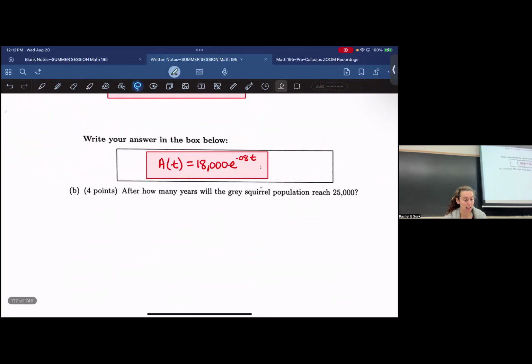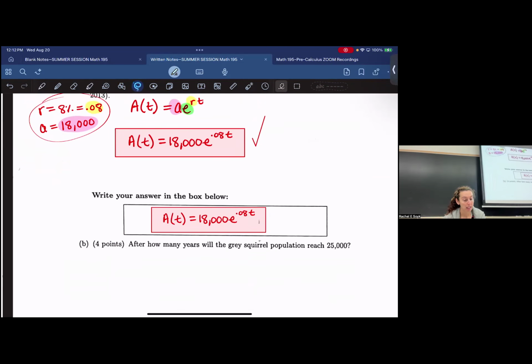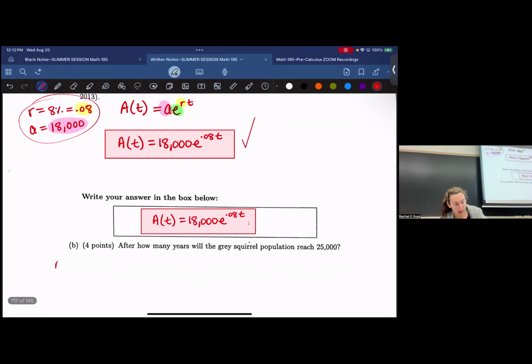Part B is now asking us to figure out after how many years will the gray squirrel population reach 25,000? So our A of t is going to be 25,000 here, and we want to figure out what is our value of t. How many years is it going to take us to increase an additional 7,000 squirrels?